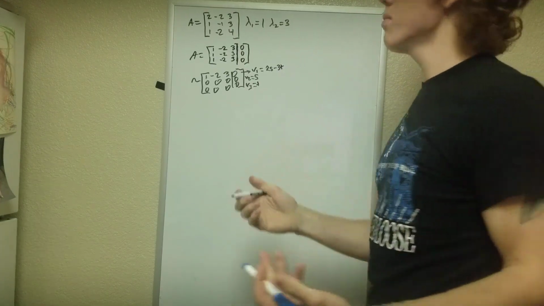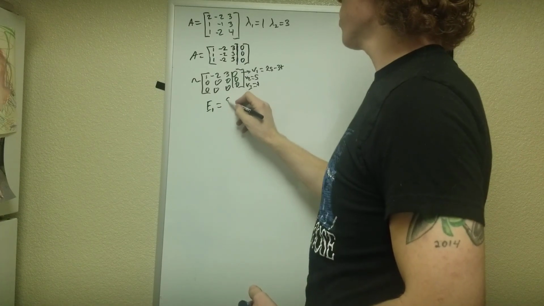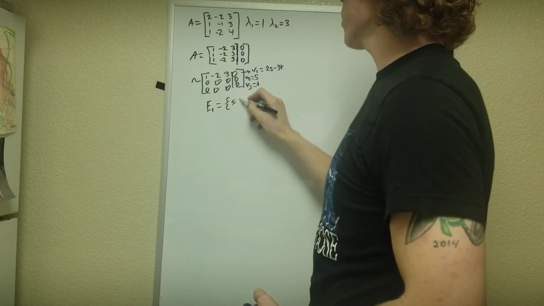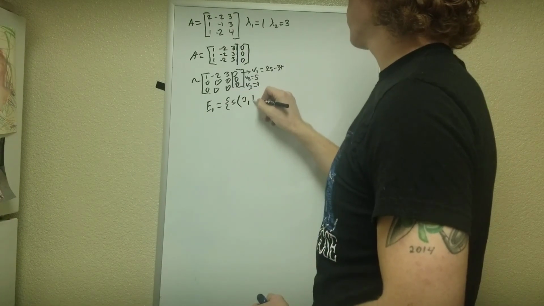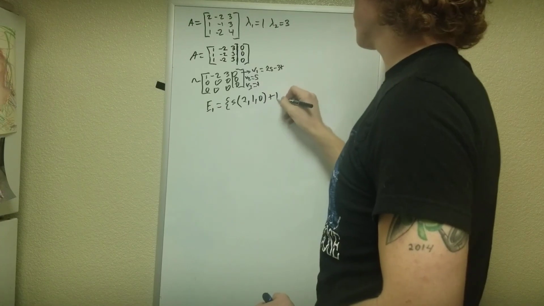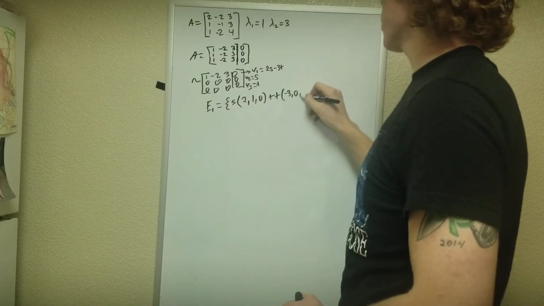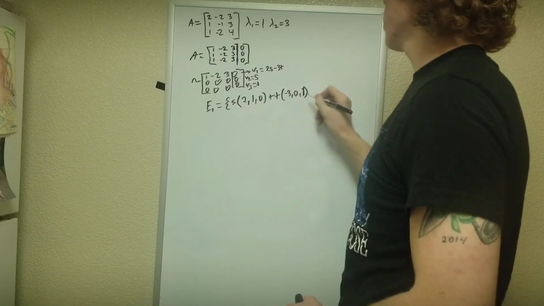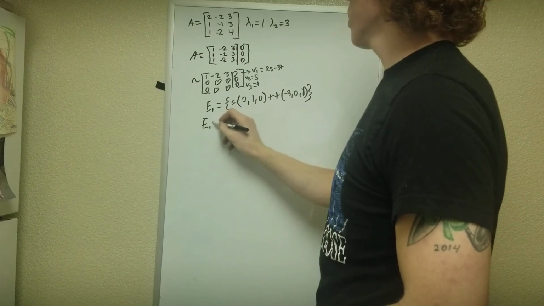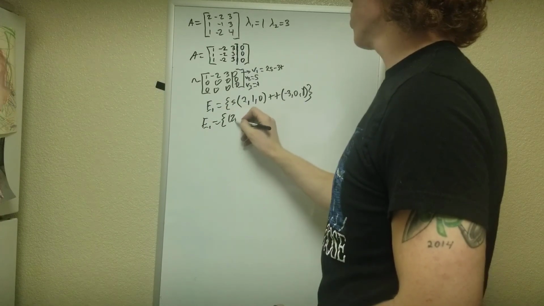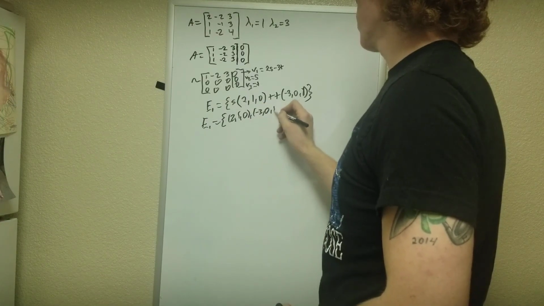So from that, eigenspace 1 would be equal to S times the vector 2, 1, 0 plus T times the vector negative 3, 0, 1. So E1 is equal to 2, 1, 0 and negative 3, 0, 1.